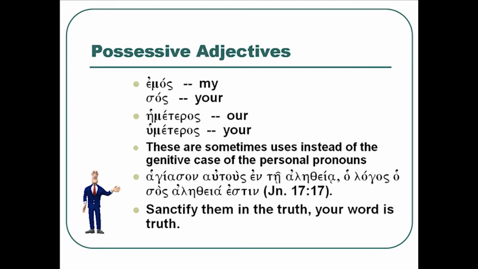Your word, ho logos ho sos, and there's our possessive adjective there, your word. A lot of times we would have thought something like ho logos sou, your word, but here it's ho logos ho sos. Your word is truth. Great verse. So this just gives us some idea of alternative ways of doing the possessive, using the possessive adjective rather than the personal pronoun.